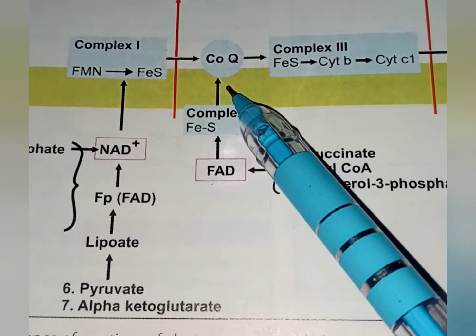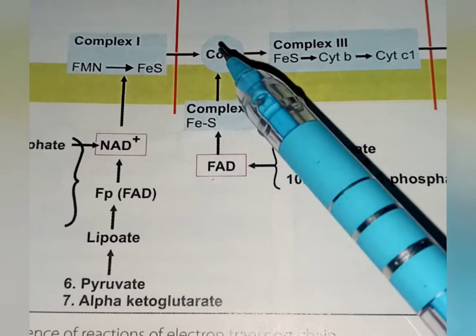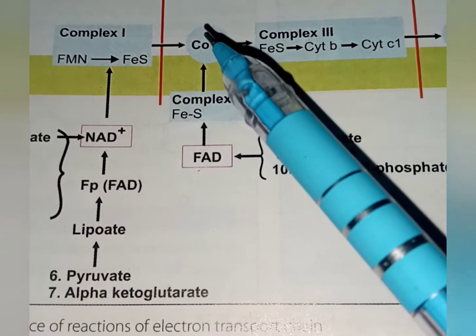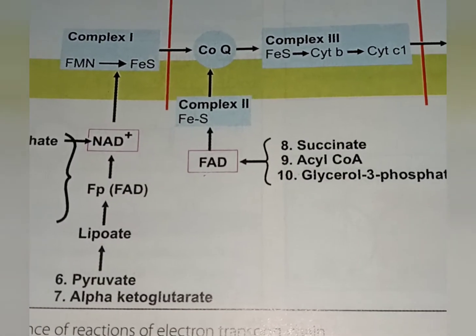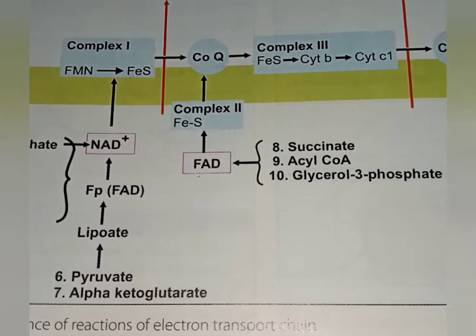I am telling everyone that before seeing this video you should watch part 1 of the electron transport chain. In that I have explained the complexes, and with the complexes I have also mentioned many steps. Here I am compiling everything.